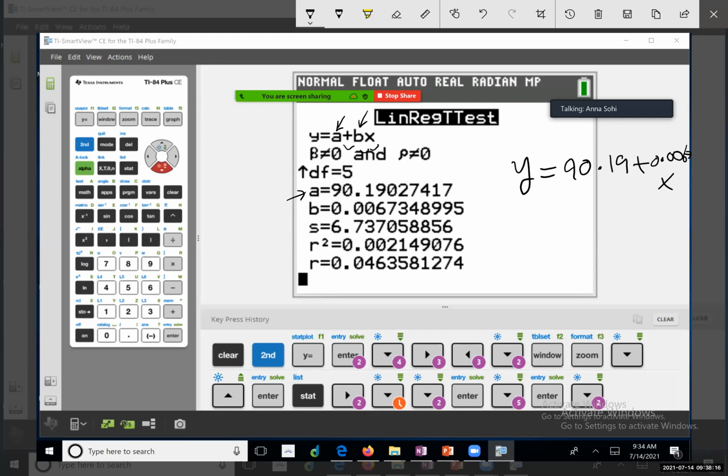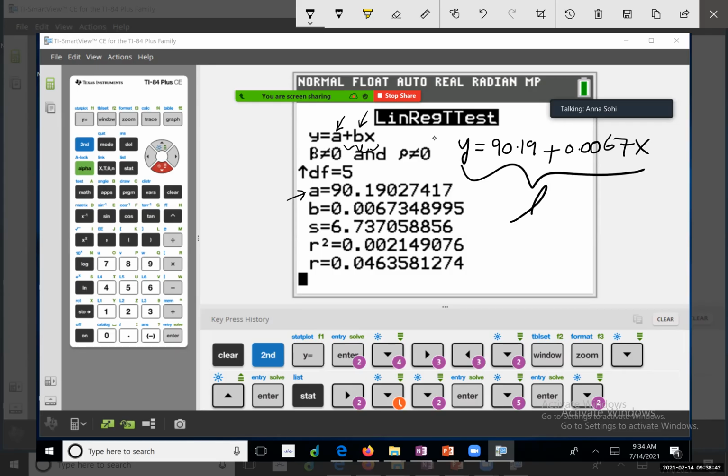That's the equation of the line, the line of best fit.